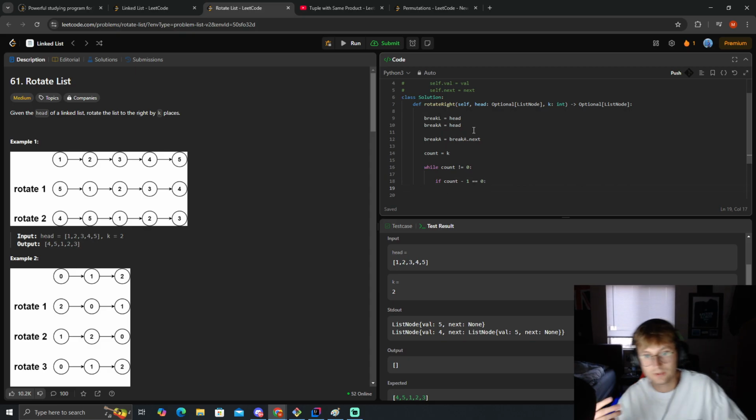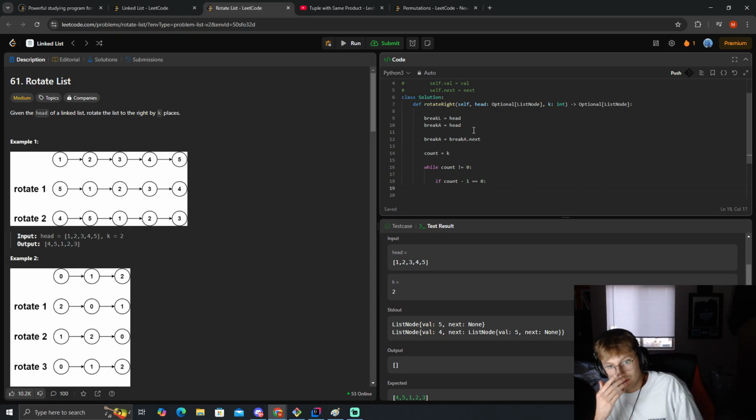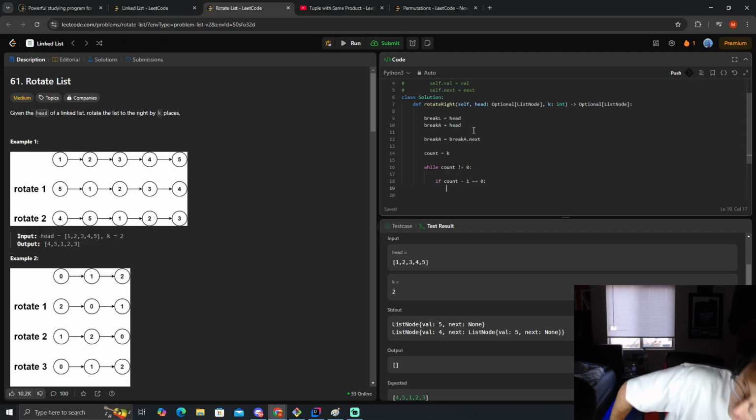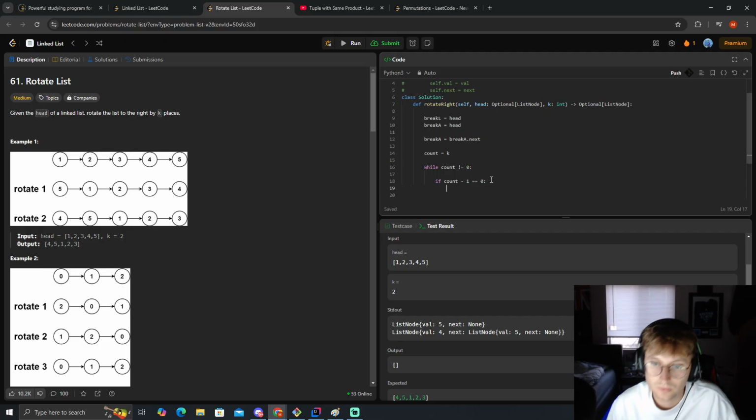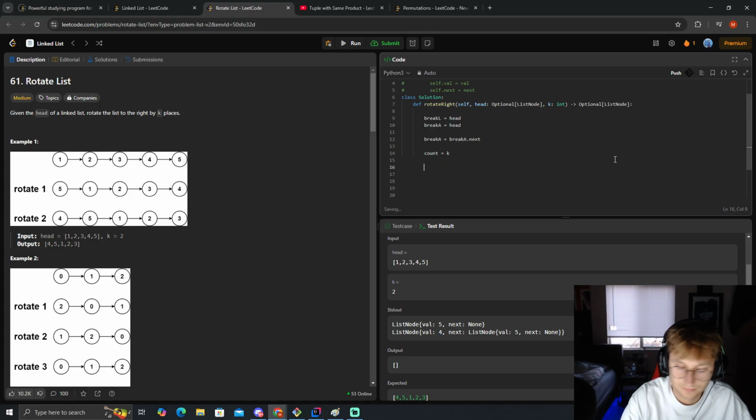Alright, so we know our next value is 0. Oh, what am I doing? We can just do a for loop, right? We can loop through this.